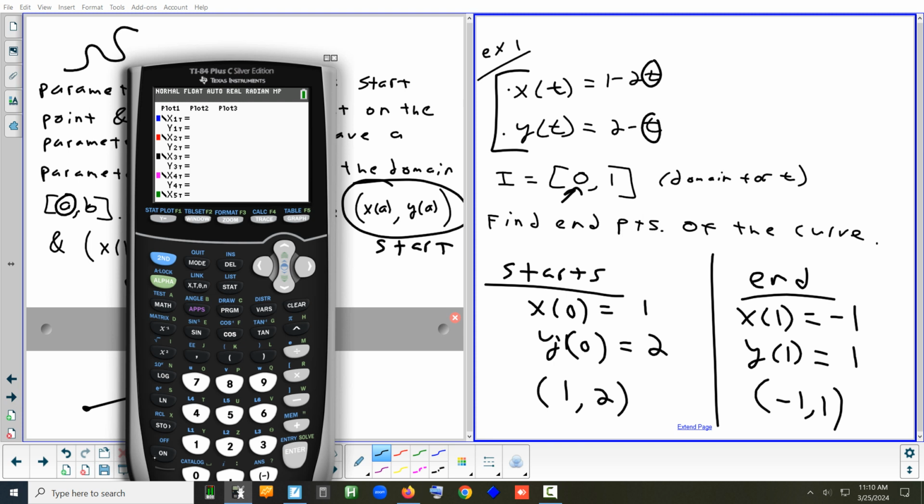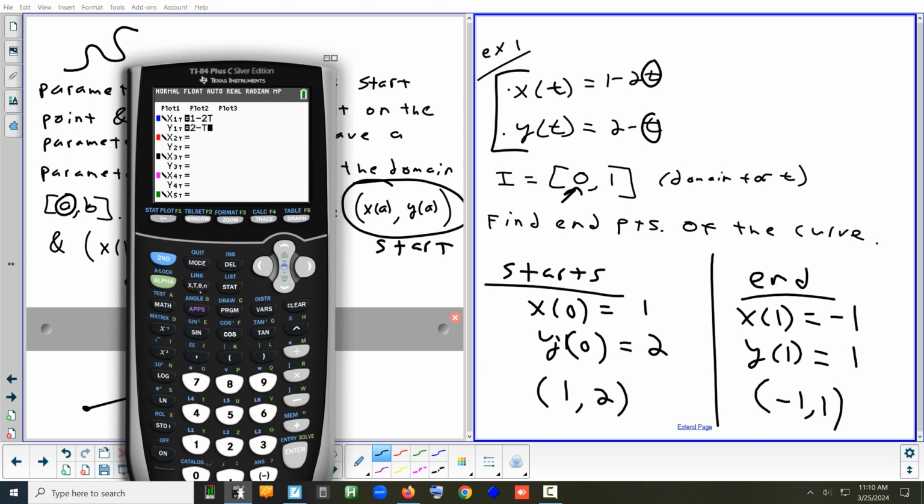You've got to go to mode and put it on parametric. Once you put it on parametric, you can press y equals. What's the formula I'm going to type in for my x values? 1 minus 2t. And what's the formula I type in for my y's? 2 minus t.